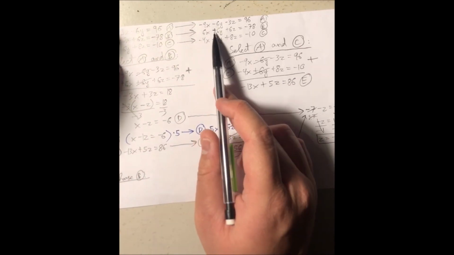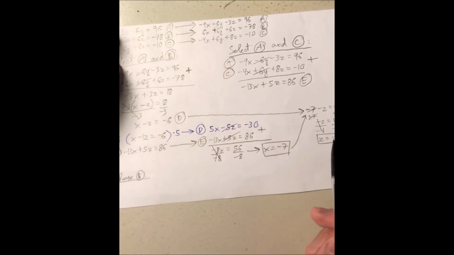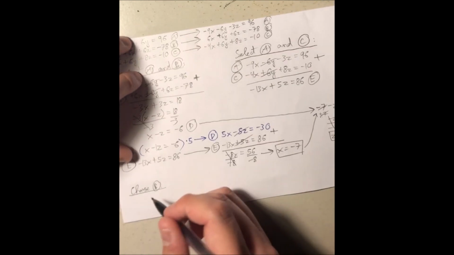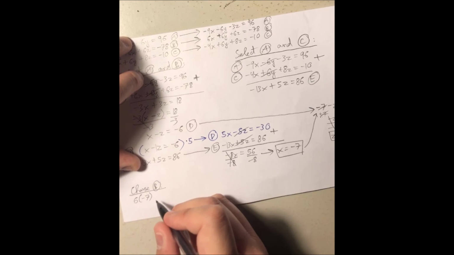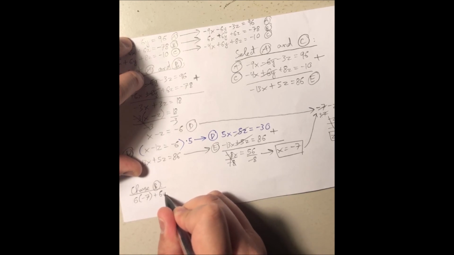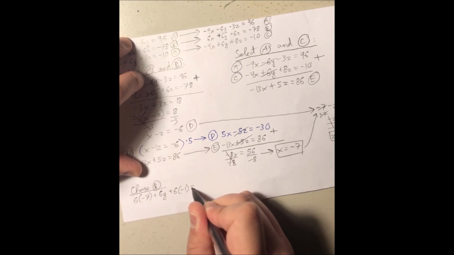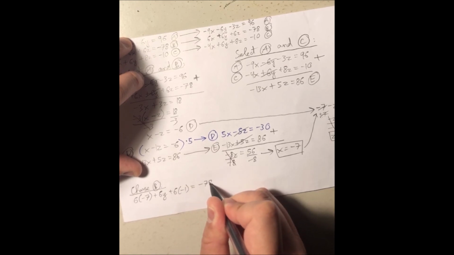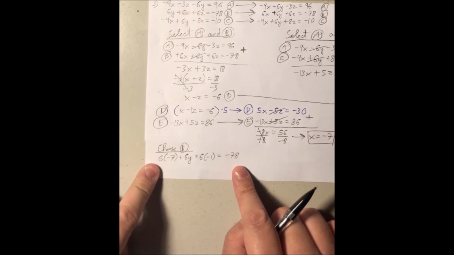So I have 6x plus 6y plus 6z equals negative 78. But x is negative 7 and z equals negative 1. So that means I'm going to have 6 times negative 7 plus 6 times y plus 6 times negative 1 equal to negative 78. Like that. Hopefully you can see it there.